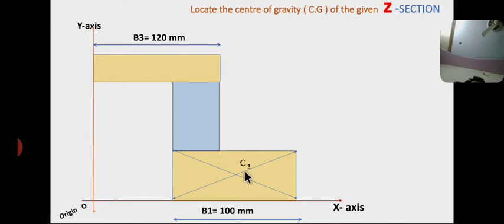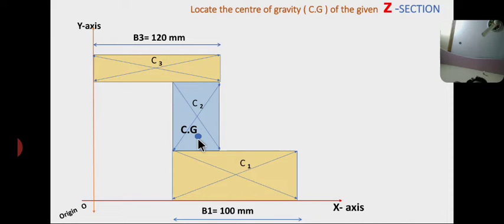C1 is the centroid of the bottom rectangle, C2 is the centroid of the vertical rectangle, C3 is the centroid of the top rectangle, where C1, C2, C3 are the individual centroids, but CG, the center of gravity, is the centroid of the entire Z section.